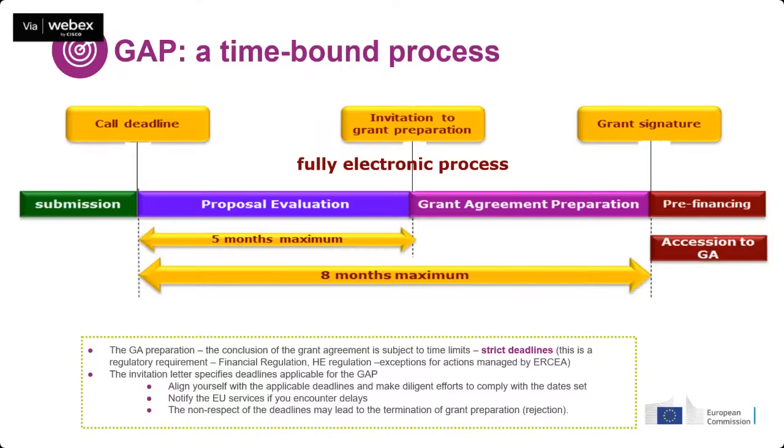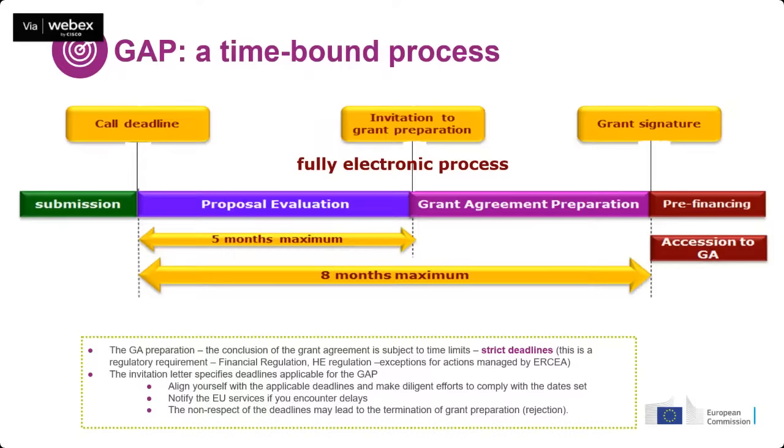What is important for us is to know that there is also a part involving the applicants, the potential beneficiaries, in order to manage effectively the time frame that is set up by the rules. Now, if we see this time frame of 8 months, not all of it can be used.